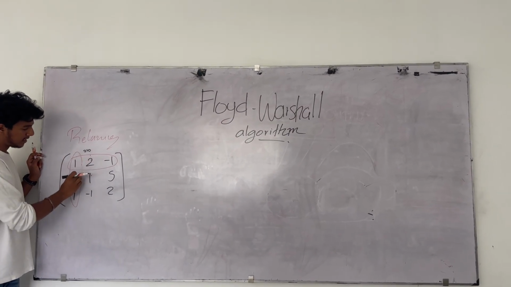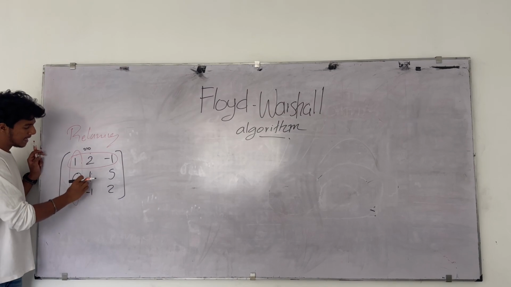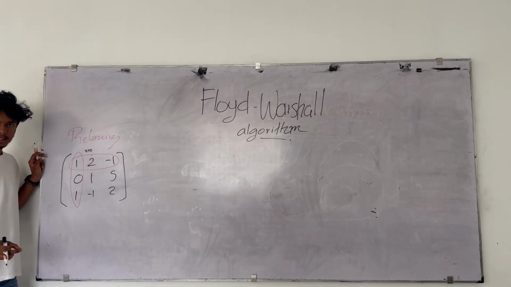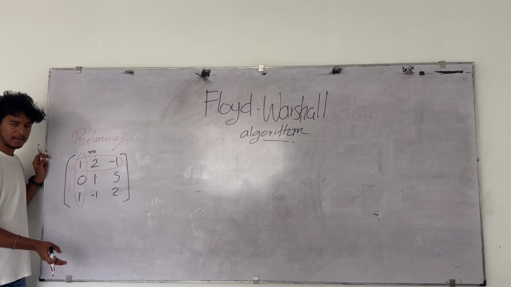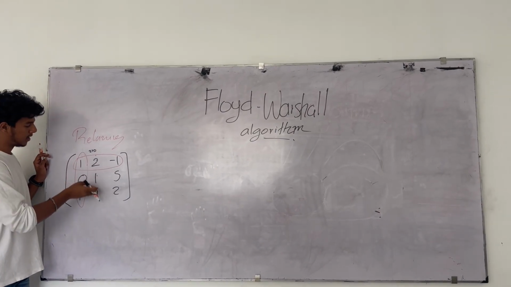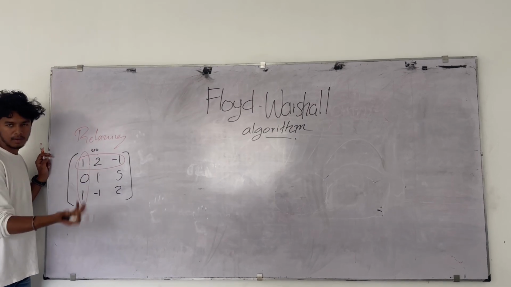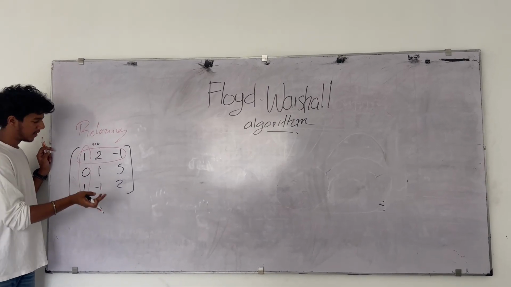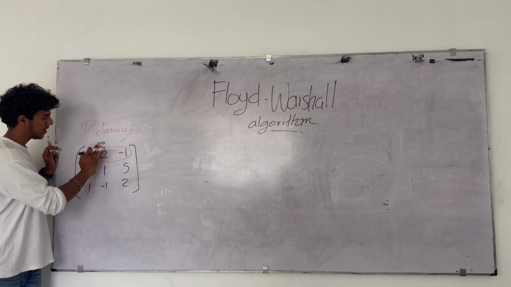If the addition of these two elements is less than the selected element, we replace it by the addition of these two elements. Since 2 is obviously greater than 1, we do not replace that.